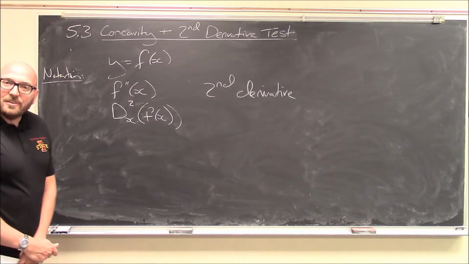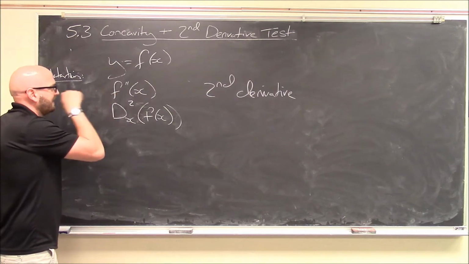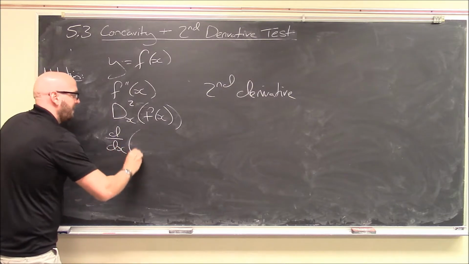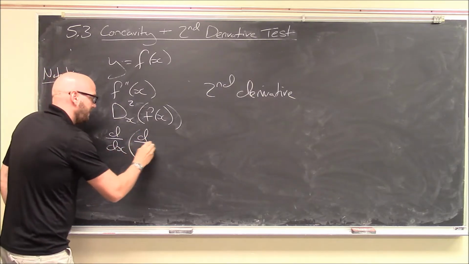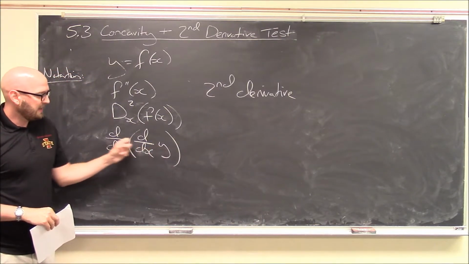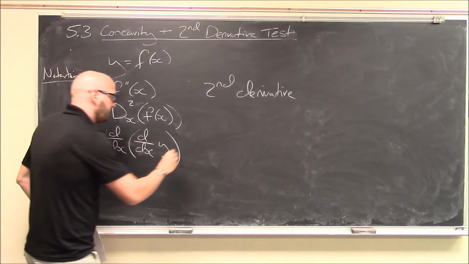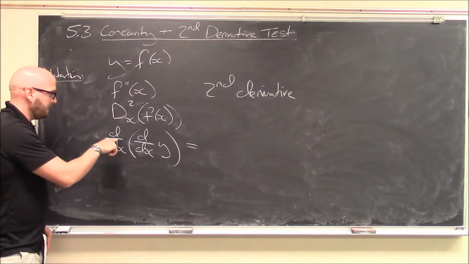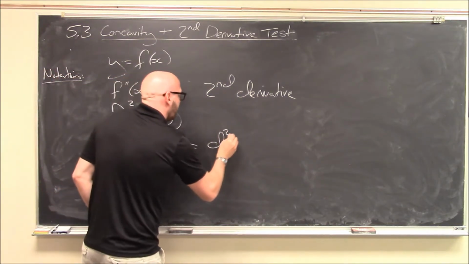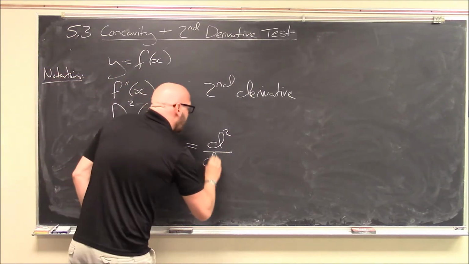Well, what about the Leibniz notation, right? Remember this dy over dx stuff? Well, the second derivative is the derivative of the derivative, right? So this says differentiate y and then differentiate it again, and this is very long-winded notation. People tend to not write it like this. They tend to combine these. So what do I have? I've got d up top applied twice, so it's d squared over dx applied twice over dx squared.